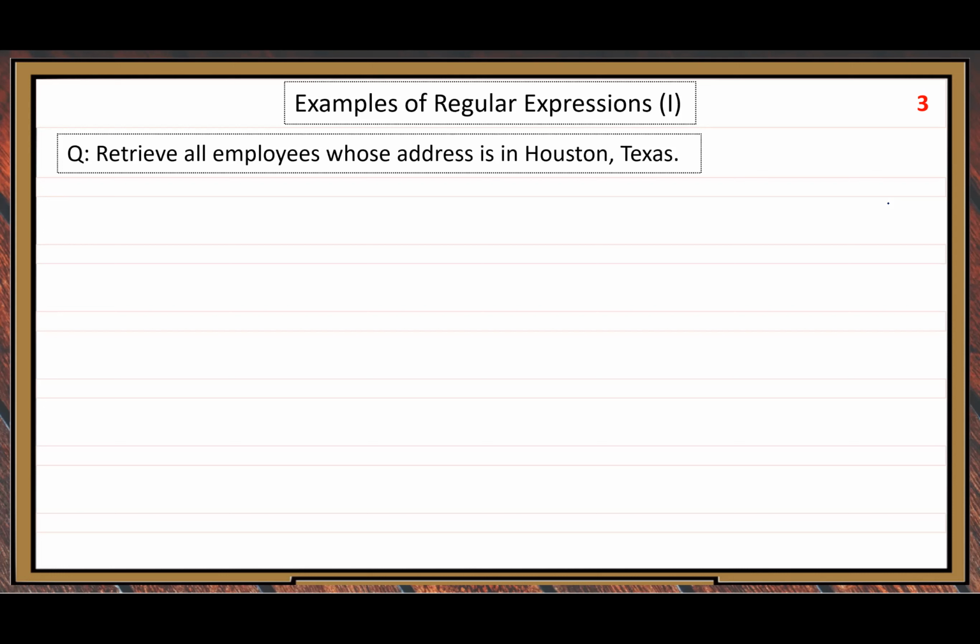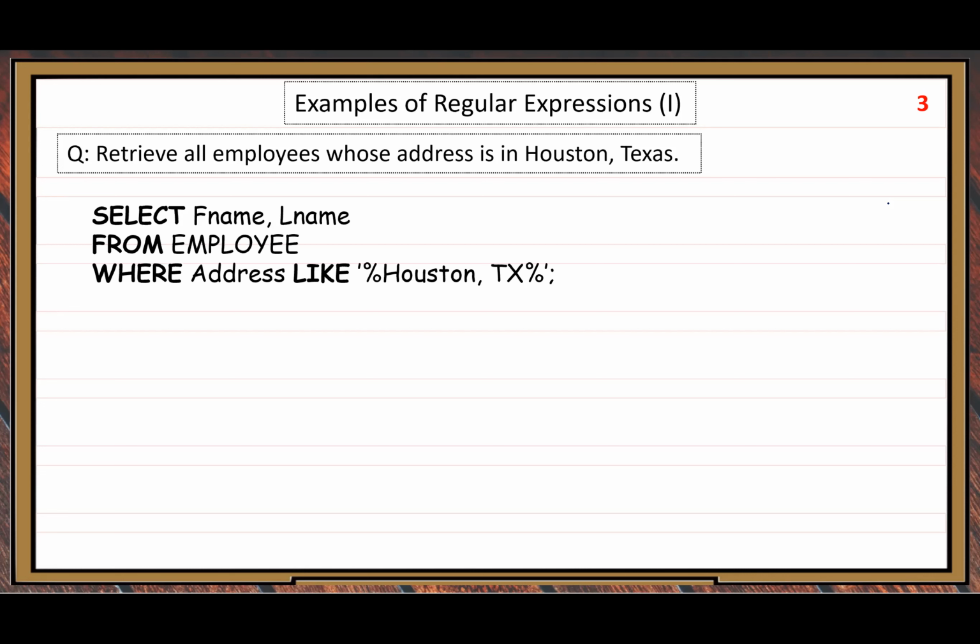In order to find those employees whose addresses satisfy this condition, here we use two ways. The first way, let us use the LIKE operator. The second way, we use regular expressions. The LIKE operator is pretty easy: select F name, L name from employee where address is like, then the pattern description.